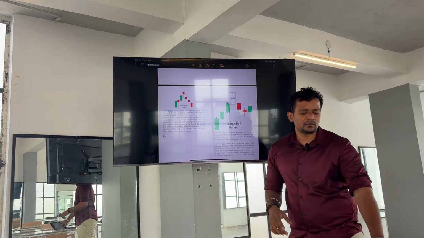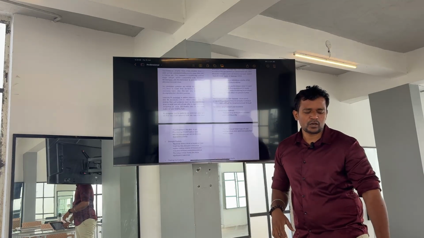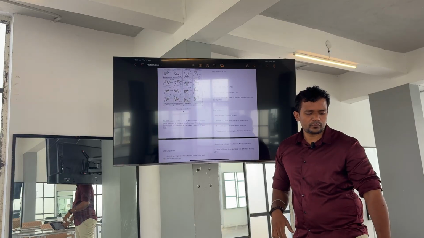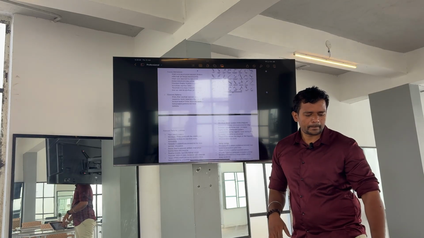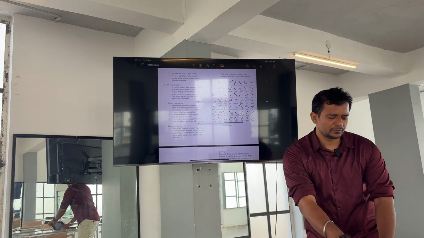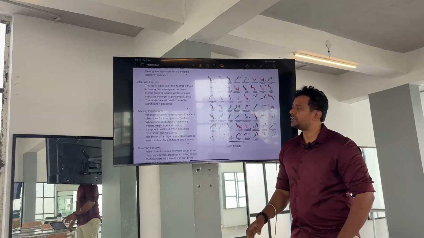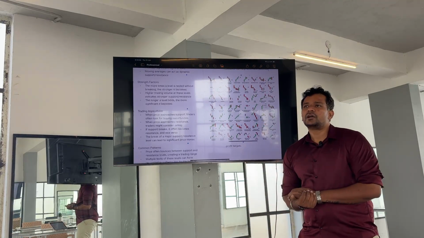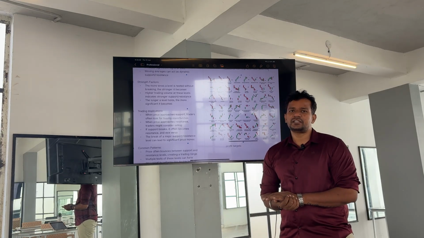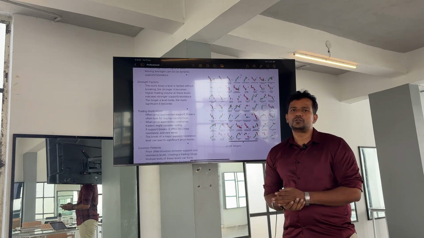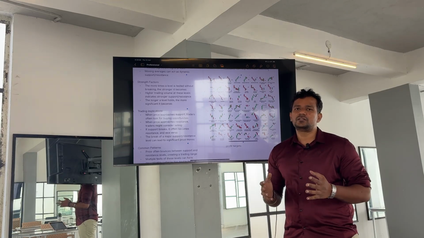Today we will be seeing multiple candles and how we can analyze them. As we have known, a single candlestick is the ABCD of charting. Then what we are going to do is form words with those candles.